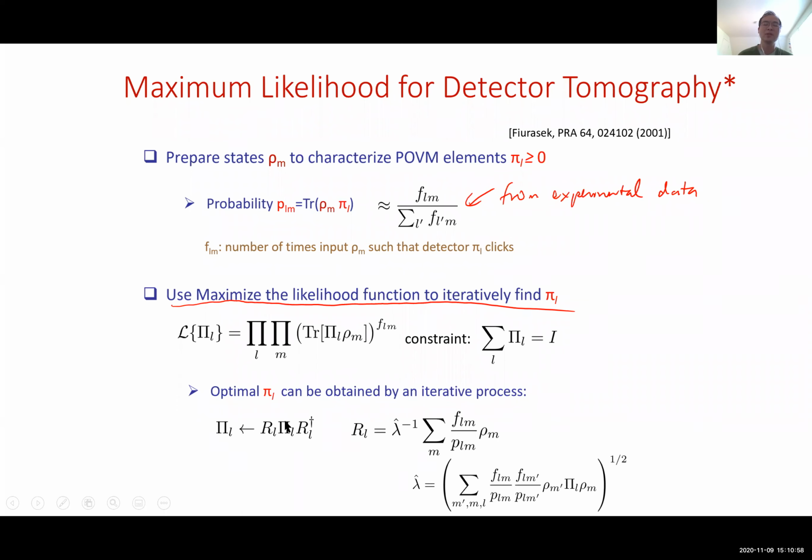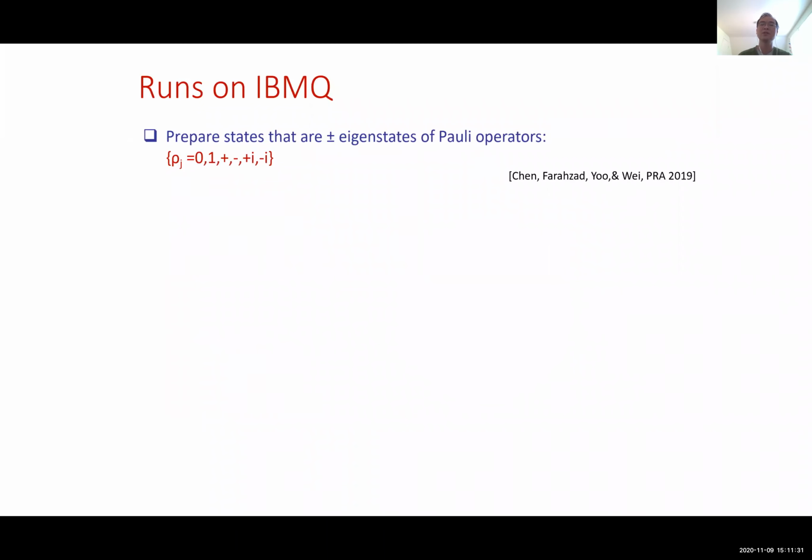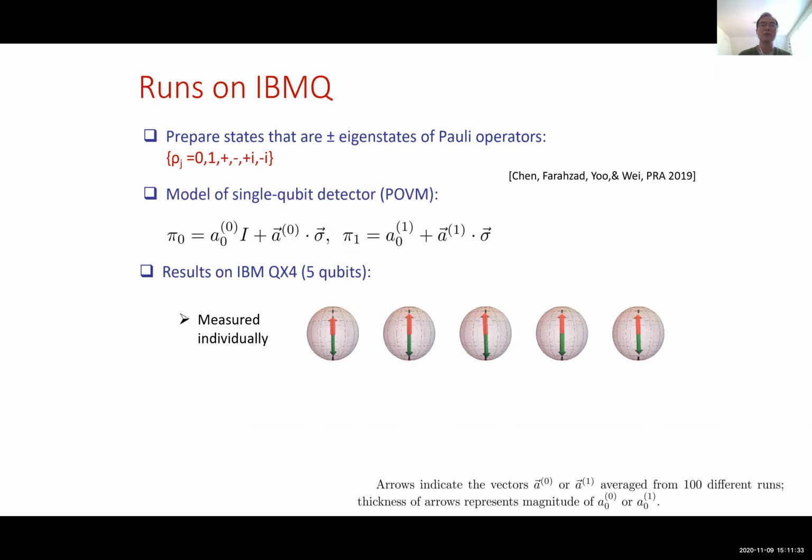You start with some guess, and then with the experimental data you can find this operator R, so you can iterate to get a better guess of pi L, and then iterate the process. This is really just processing the experimental measured data. I put a star to indicate that this is slightly technical, but you can program it in, for example, Python code, gather the data from IBM, and process that. And this is, in fact, what we did.